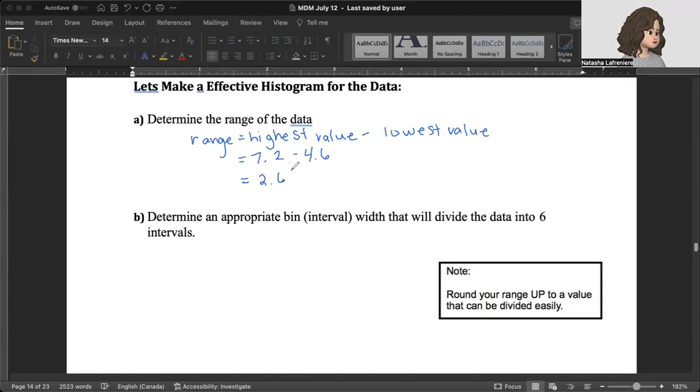Okay. To find an appropriate interval width that will be dividing the data into 6 intervals, your equation is bin width is equal to our range divided by the number of intervals.